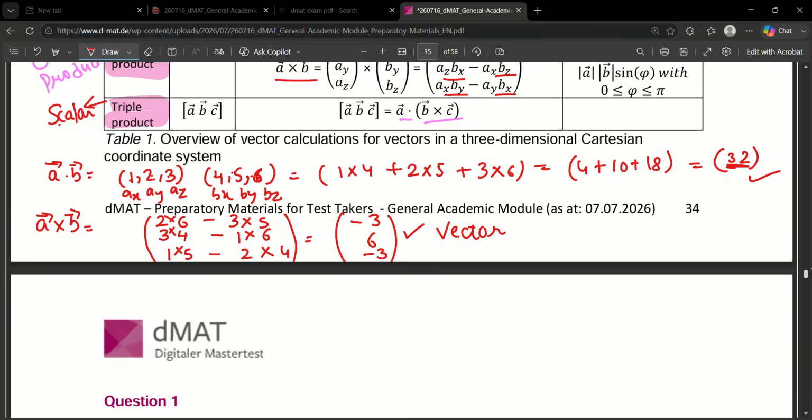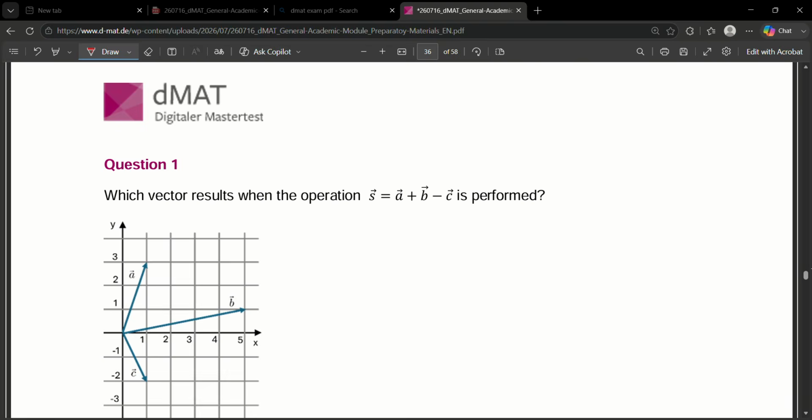Now move further. First question. Which vector results when the operation S vector equals A vector plus B vector minus C vector is performed?